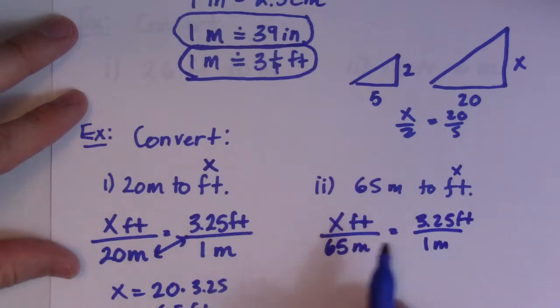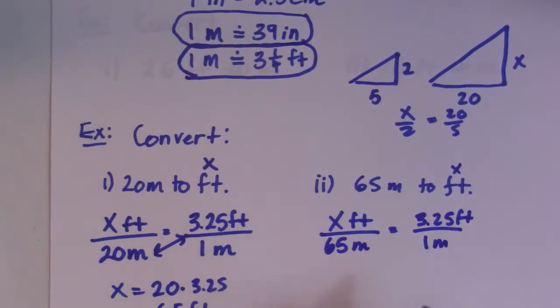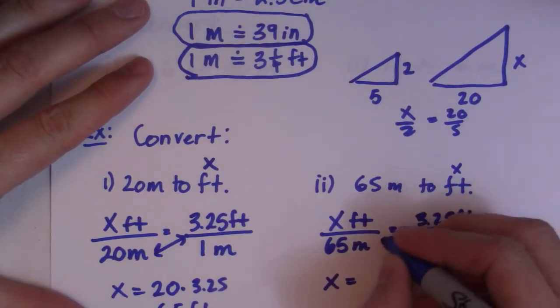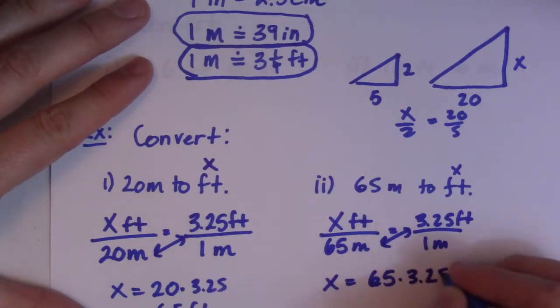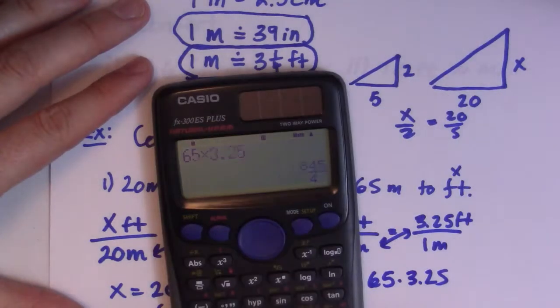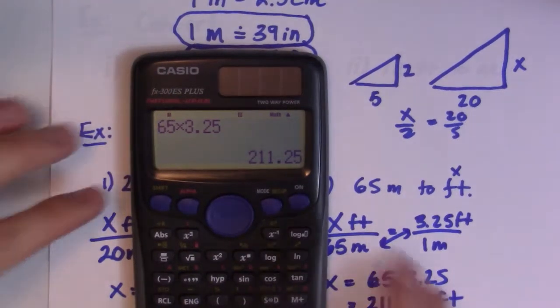Guys, just pay attention: feet, feet, meters, meters along the top. And then we just go ahead and cross multiply. So I get 65 times 3.25, and I get 211.25 feet. And there it is.